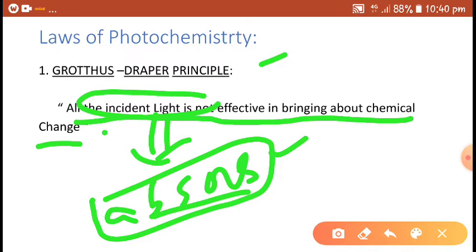The second one is that in many cases the absorbed light may be re-emitted as fluorescence or phosphorescence. Third, in many cases the absorbed light is transferred from one substance to another when both are present together.